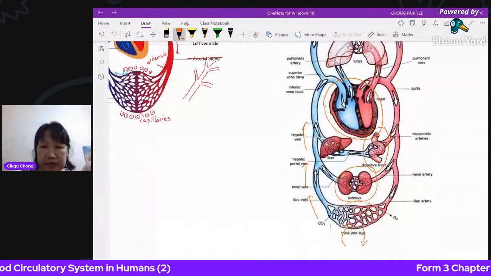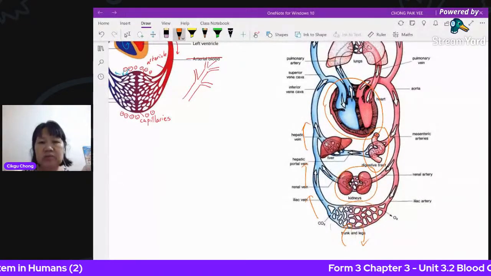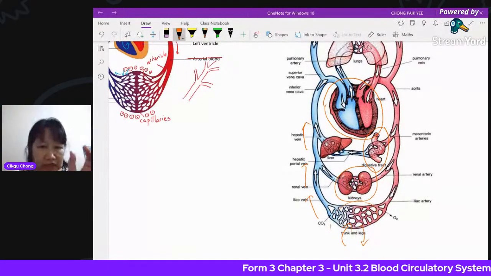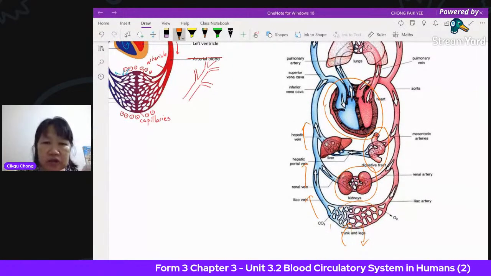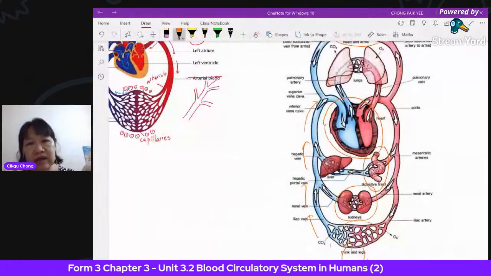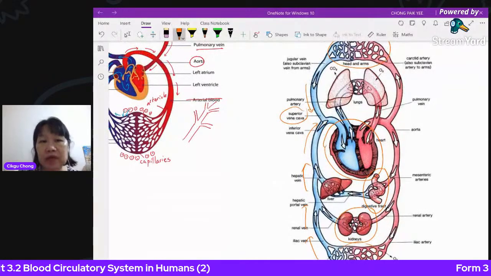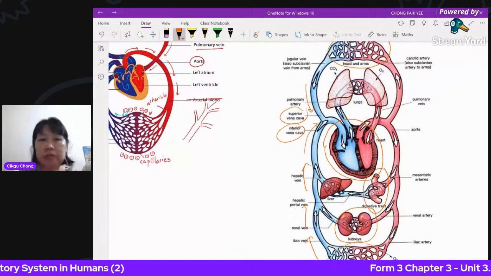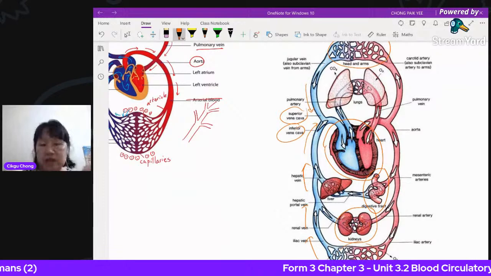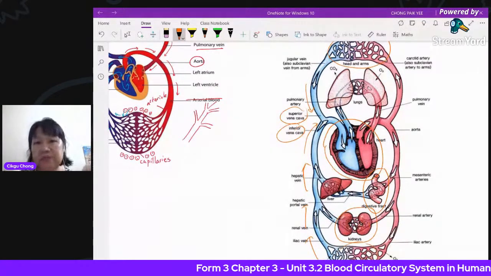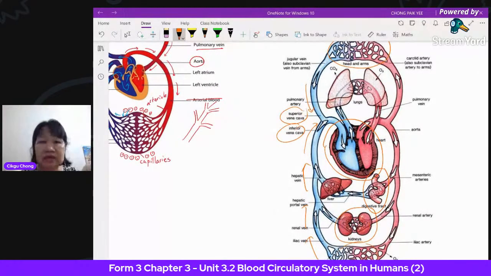Everything joined together. Venules join together, you get vein. Veins all joined together, you go into the vena cava. This is the superior coming from the top. The inferior is coming from the bottom here. So everything pours back into the right atrium. Okay, this is how it works. So everything is flowing forever.